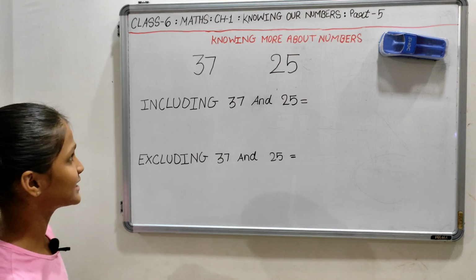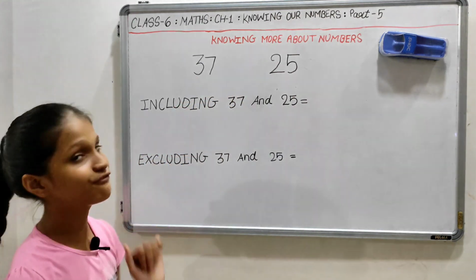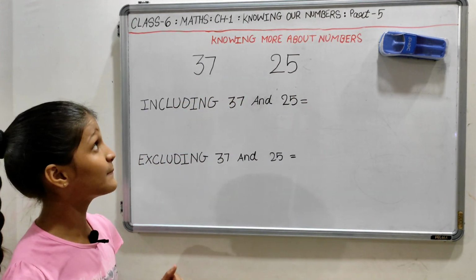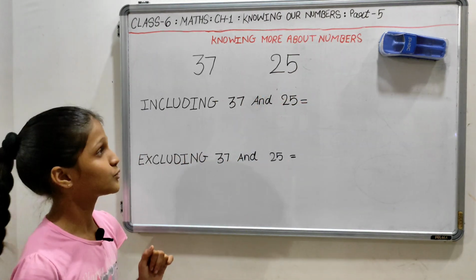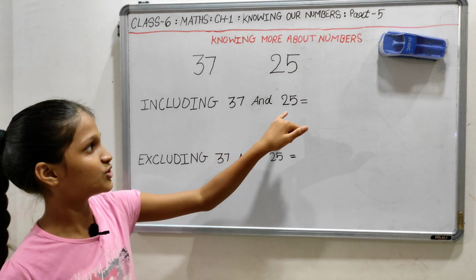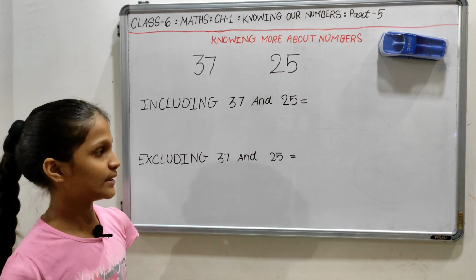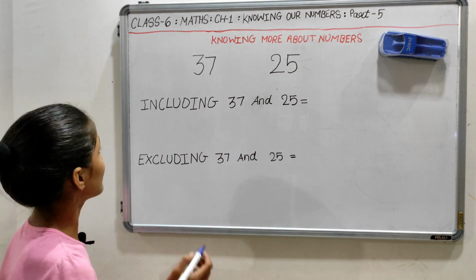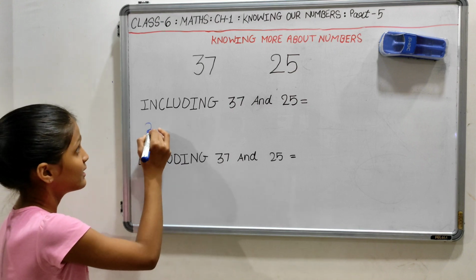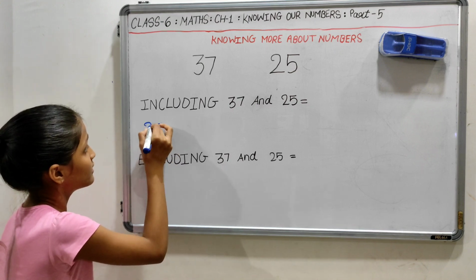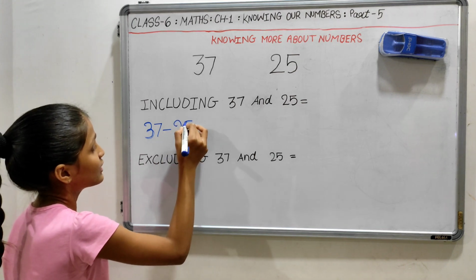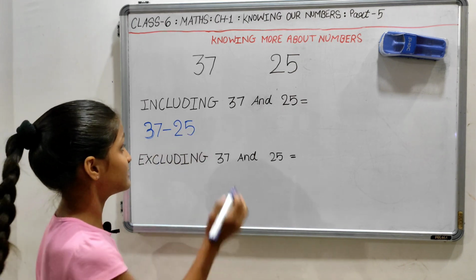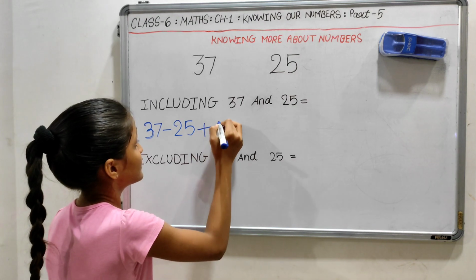Now let's take another example, 37 and 25. How many numbers are between 37 and 25? First including them. How can we find out? We subtract the smaller number from the greater number, that is 25 from 37, plus 1.